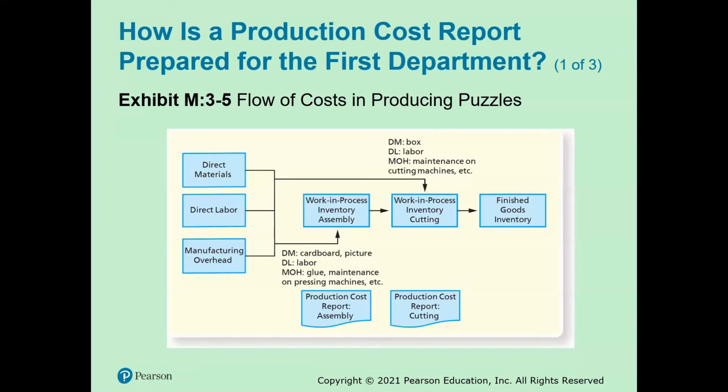The box is then moved to finished goods storage. The production process uses materials, machines, and labor in both departments. And there are two work in process inventory accounts, one for the assembly department, and the other for the cutting department.